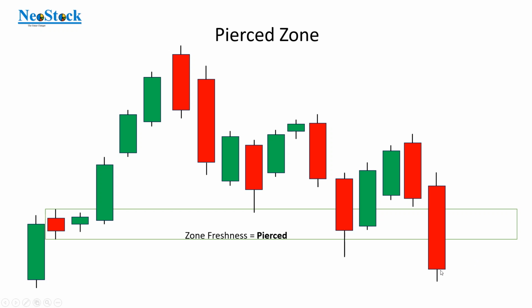And finally, price closed below this pierced demand zone. The moment price closed below, this demand zone is completely invalid. Completely invalid. And the zone freshness is changed to violated.